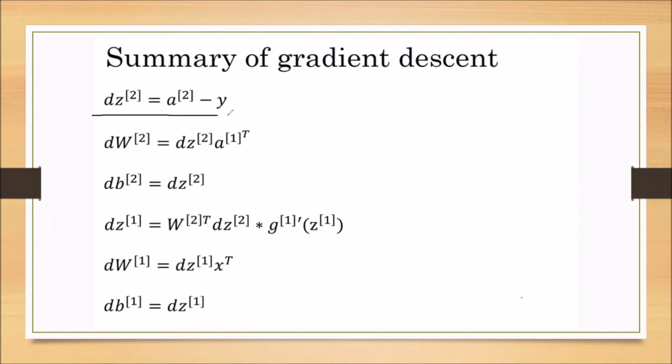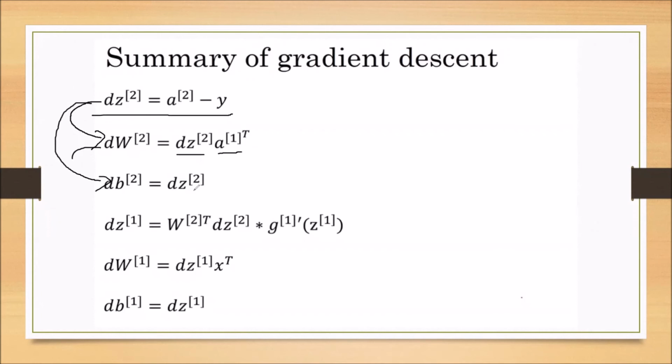This is A minus Y. We already know this. By using this, we are calculating dw2, which is nothing but dz into x. Here x is nothing but a1. Using the same dz, we are calculating db also.